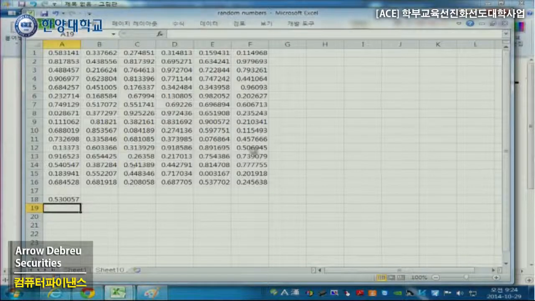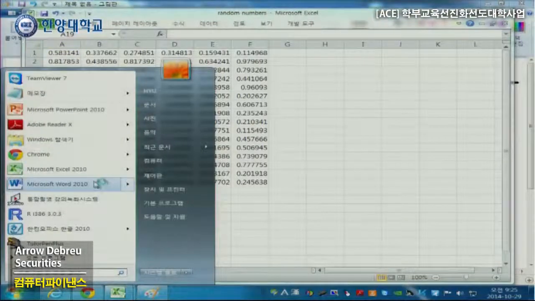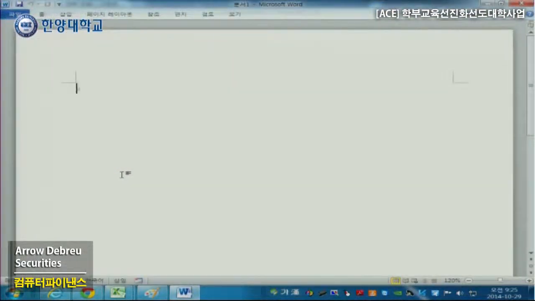Okay, let's calculate. What is the formula to calculate the variance? E[X²] minus (E[X])², something like this. This is one way. So we need E[X²] in the uniform distribution.